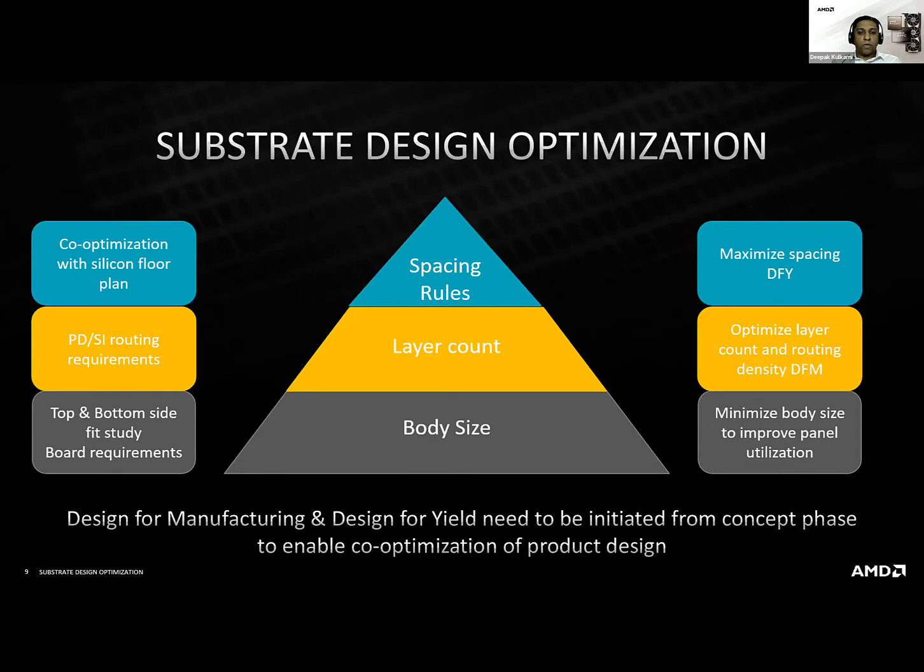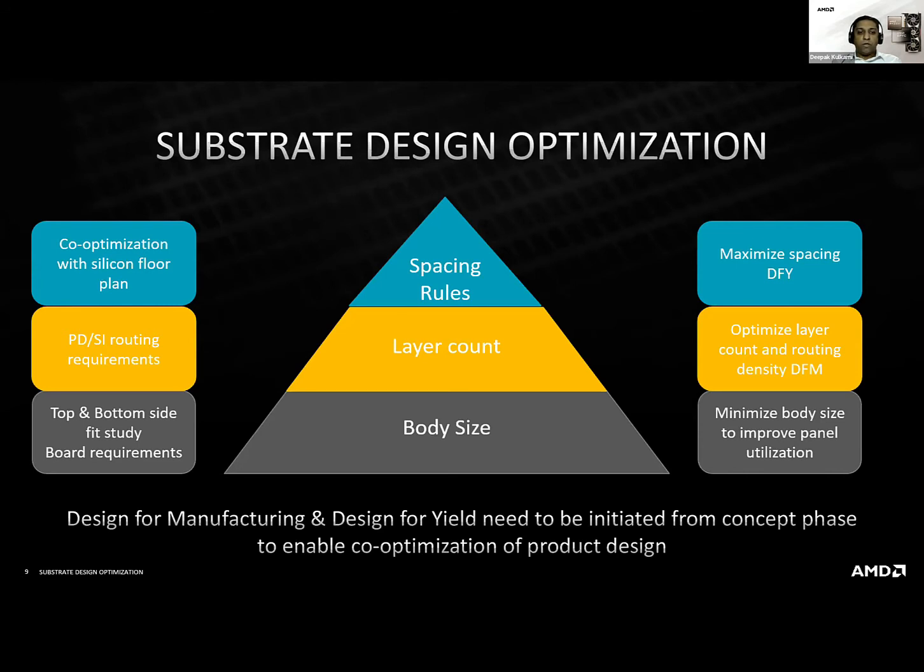So for example, we start our discussions very early in the design phase to talk about the body size that this package can fit in, and that is based on understanding the number of chiplets, what type of power delivery, number of I/O signals that these packages need to have.